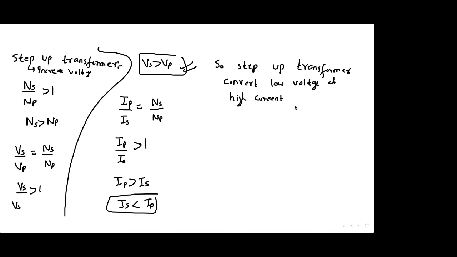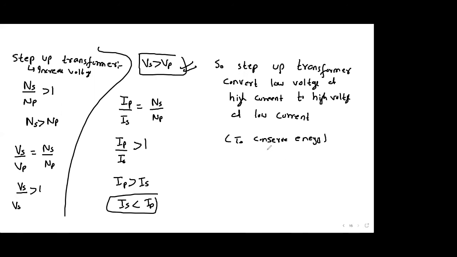Initially voltage is low and current is high, to high voltage, it increases voltage, but at low current, it decreases current. So this is how a step-up transformer works. It decreases current to conserve energy, because energy is voltage into current. A transformer is not a source of energy. It cannot increase energy.